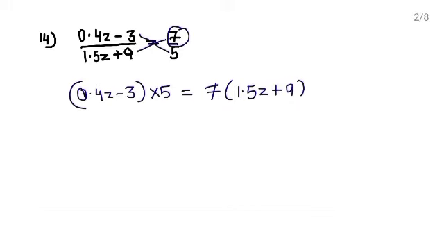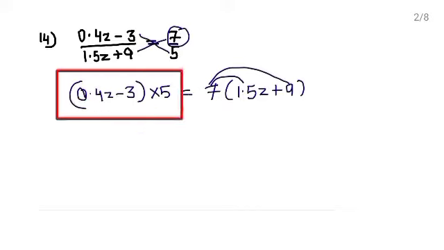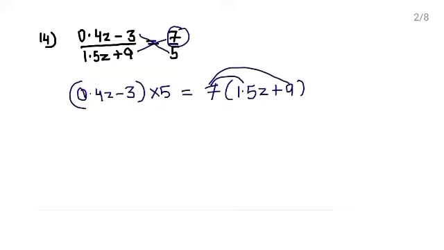Why am I enclosing it in brackets? Because we have two terms in it, right? So we will multiply this 7 by this and this. Similarly, this is also the distributive property, because we are multiplying 5 by this whole. So multiply this 5 by this and this.